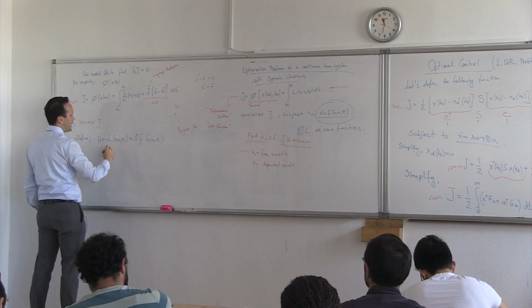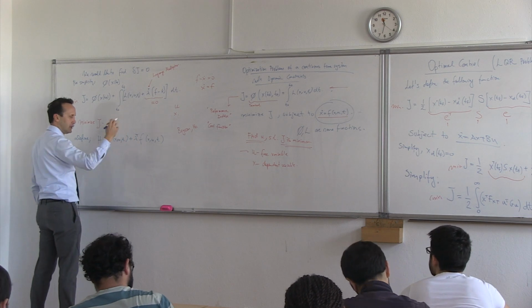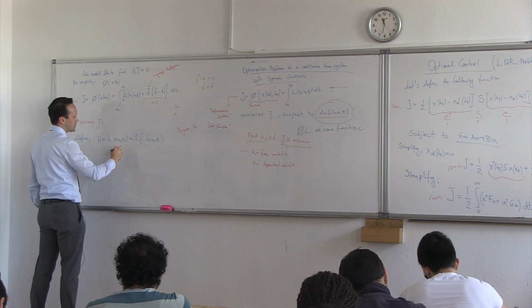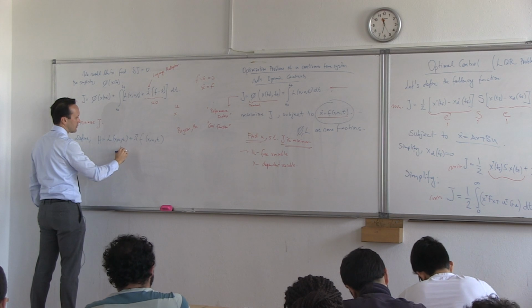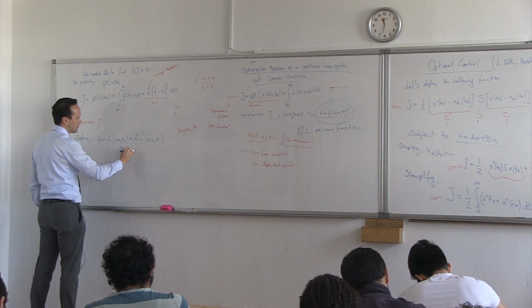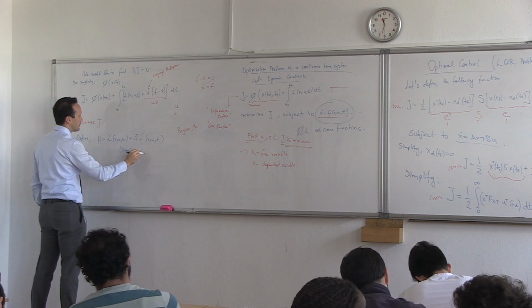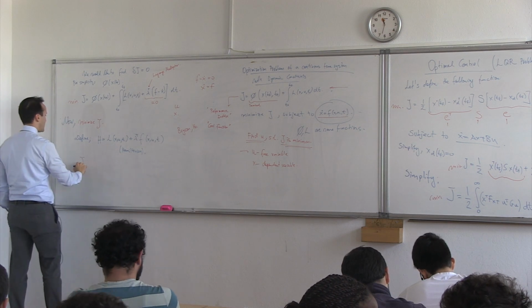This function has a special name in this optimization theory. It's called the Hamiltonian. Now the problem looks like this.